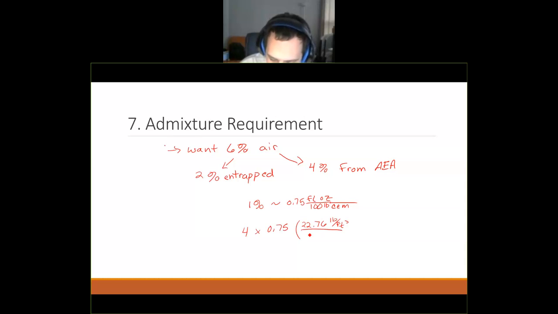Then I'm going to divide that by 100 pounds, for the 100 weight. And when I multiply all that together, I'm going to get my fluid ounces per cubic foot of concrete.